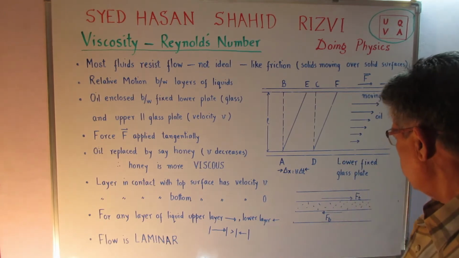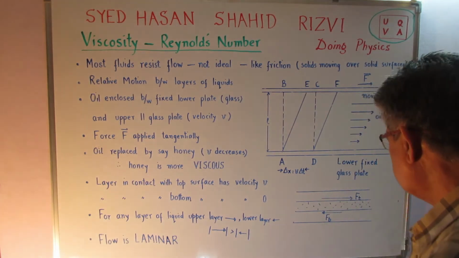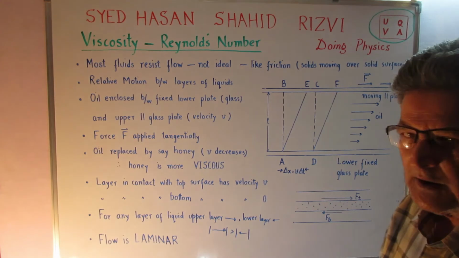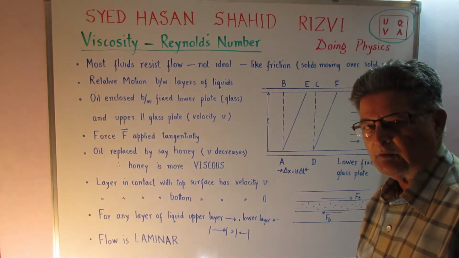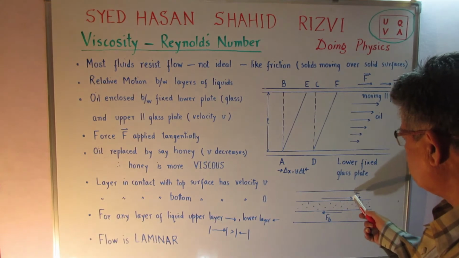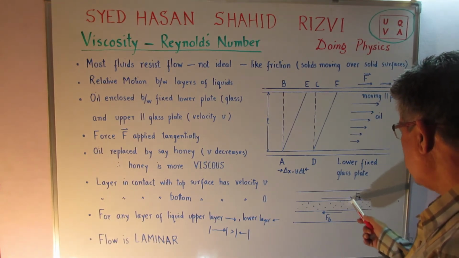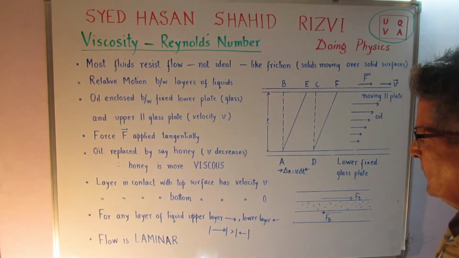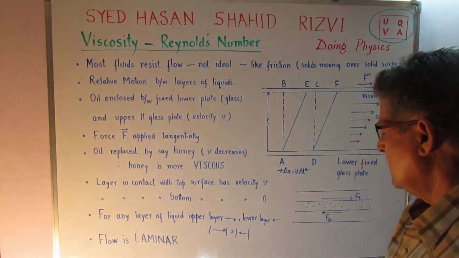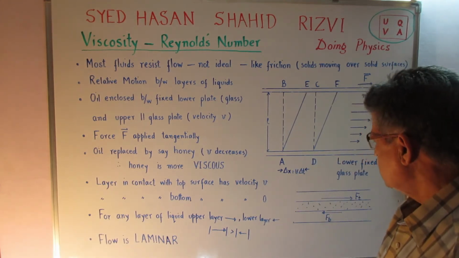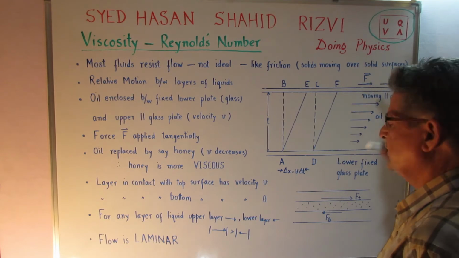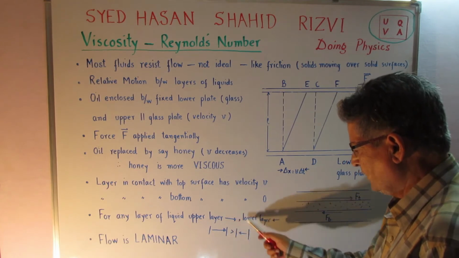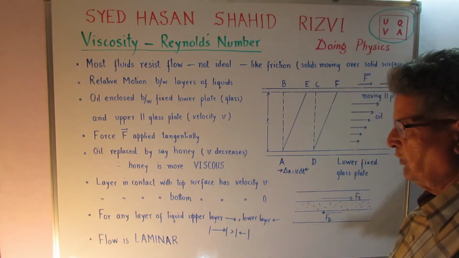For this layer there are two forces acting, one in the forward direction and the other in the backward direction. The top layer applies the force Ft and the bottom layer applies the force Fb, which I have shown here symbolically. And because the fluid is still moving in this direction, we say that this force in the forward direction is more than the force in the backward direction, which is the resisting force.